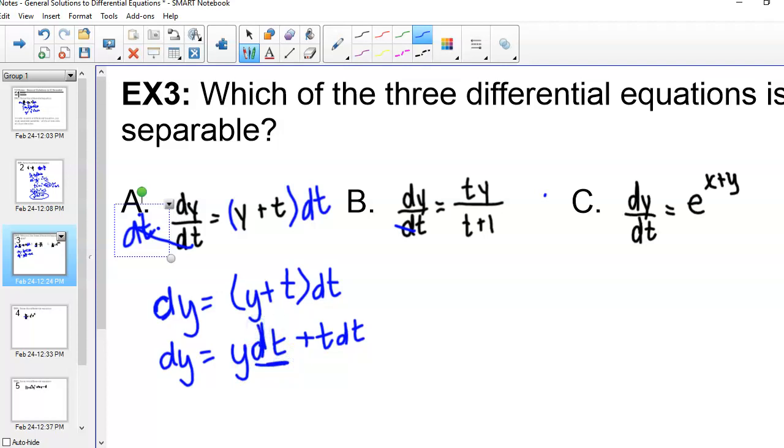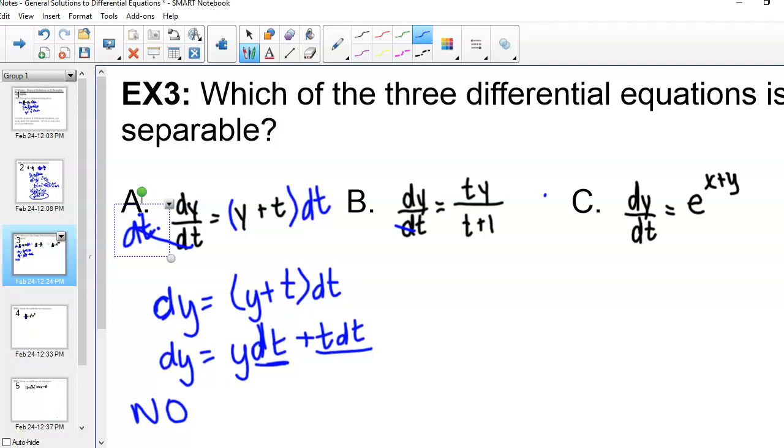I could divide everything by y, but then I'd also have to divide t dt by y. So this particular differential equation is not separable. So this is no for that one. That one is not separable. And typically when you see things like y plus t or x plus y, those are not going to be separable in most cases.